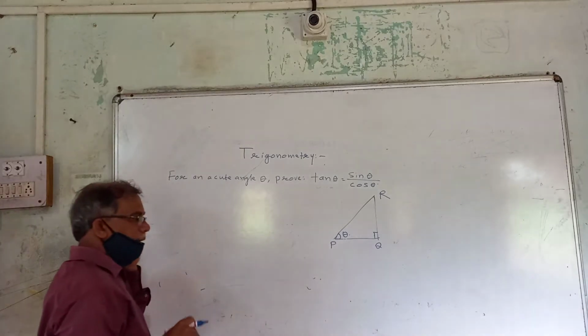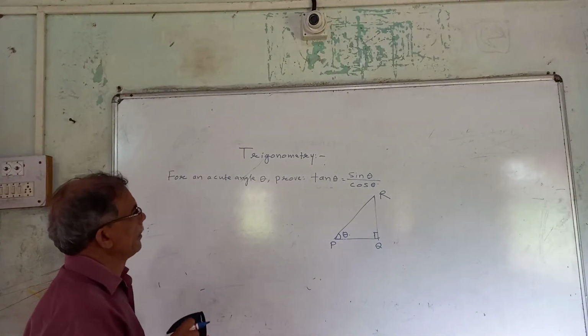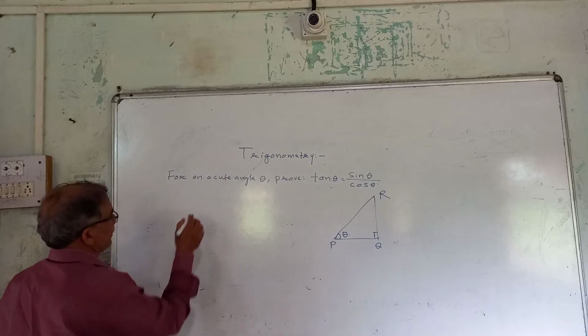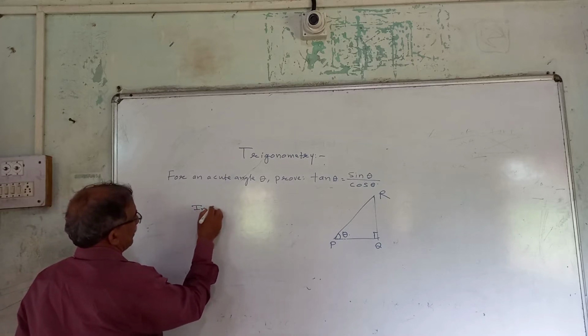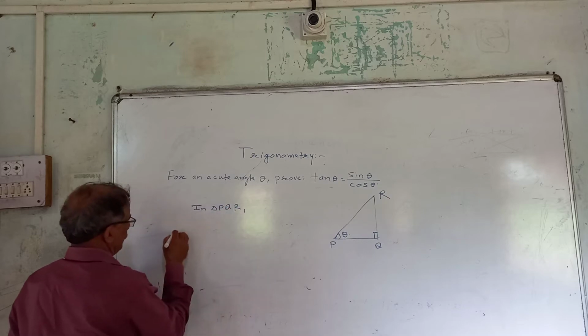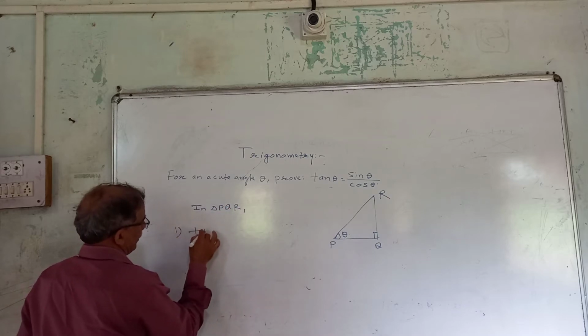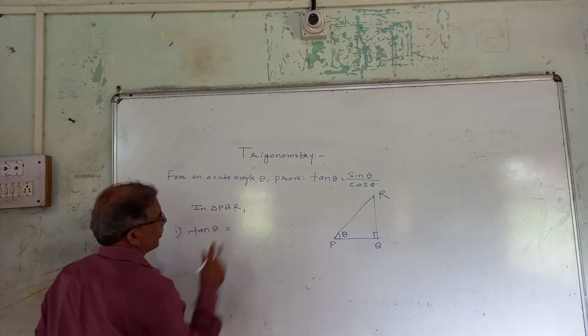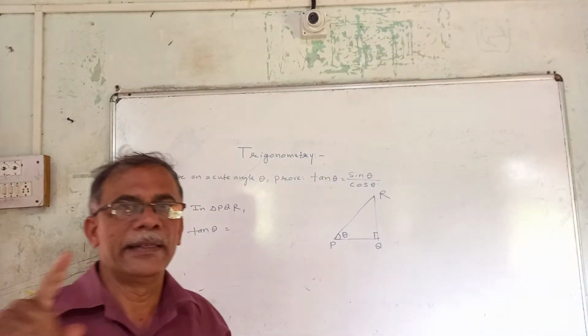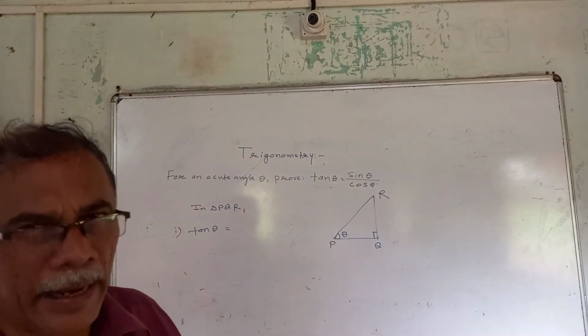Now listen here, if we want to write tan theta, see, in triangle PQR, tan theta is equal to... the tan ratio means which side upon which side? Tan means opposite upon adjacent.